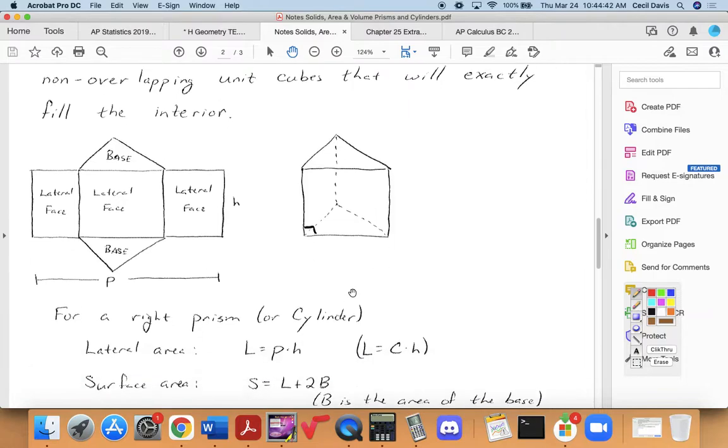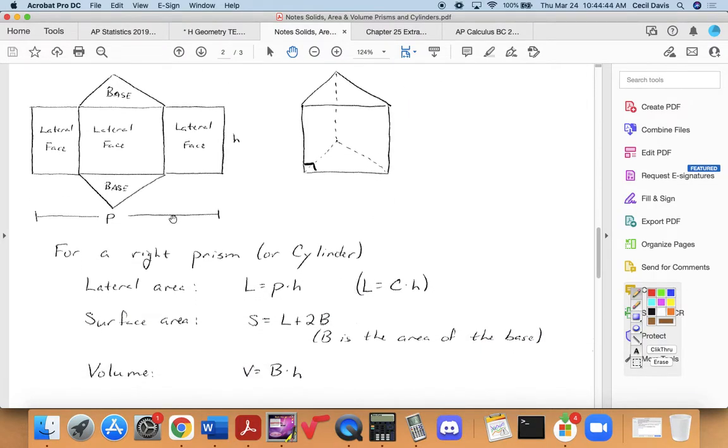All right, so here's a picture of a prism that has been opened up. Think of it like it was made out of paper and they cut it along the dotted lines and folded it out, right? It's called a net. It's not important that you know that it's called a net, but this is a net of a prism.